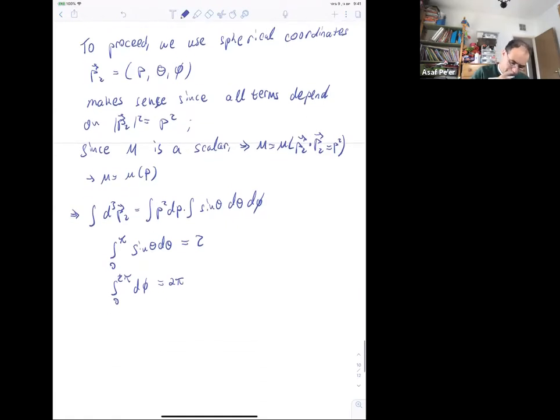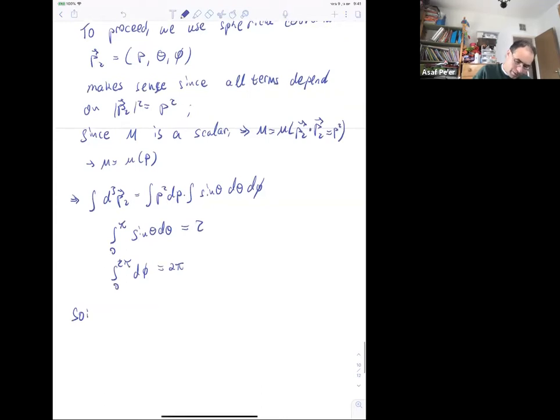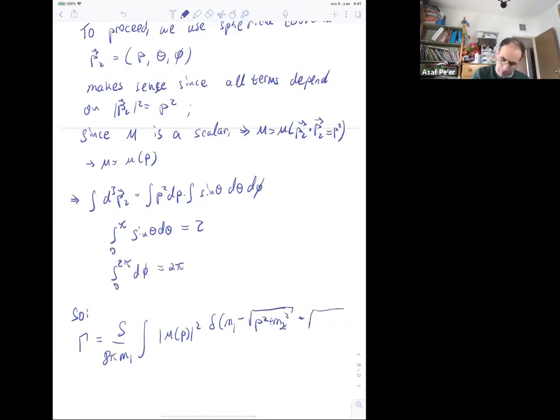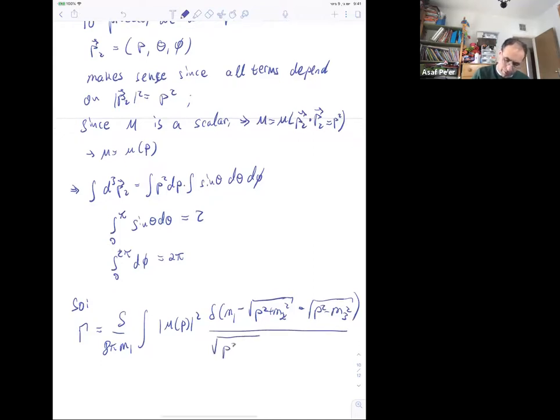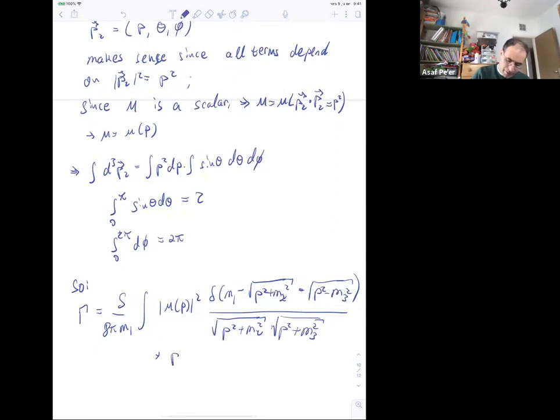So gamma is just S over 8 pi M1 times the integral of M of P squared, and then the delta of M1 minus the square root of P squared plus M2 squared minus the square root of P squared plus M3 squared, divided by the square root of P squared plus M2 squared times the square root of P squared plus M3 squared, and then times P squared dP.